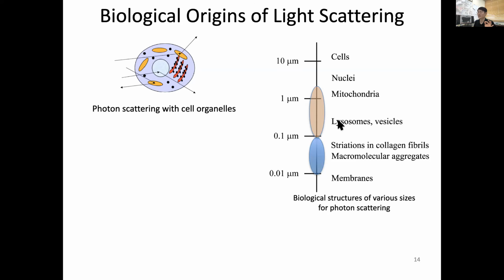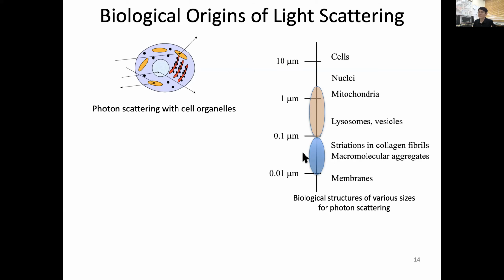And lysosomes and vesicles are about 700 nanometers. So these really go to the realm of Rayleigh scattering and Mie scattering, and some of the collagen fibrils and macromolecules are smaller than the wavelength, so their interaction in fact undergoes Mie scattering.